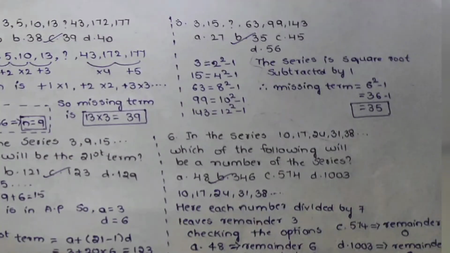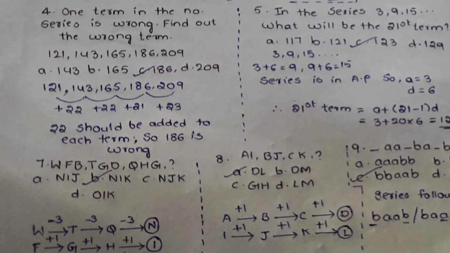Now coming to the fourth question, the question is one term in the number series is wrong, find out the wrong term. And the terms are 121, 143, 165, 186, 209. And the options are 143, 165, 186, 209. So here if you carefully see, if you add 22 to 121, you get the second term 143. Similarly, if you add 22 to 143, you get 165.